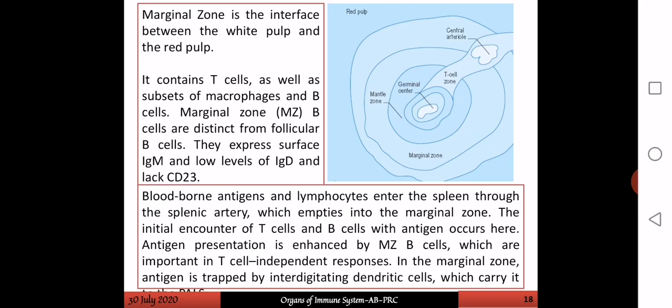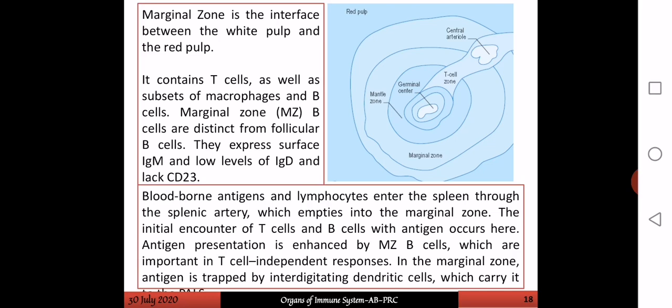Moreover, you can also see another region called the marginal zone at the interface between the white pulp and the red pulp. There also you can see the T cell population. T cells are the major population, but there are certain B cells also, which are called marginal zone B cells.